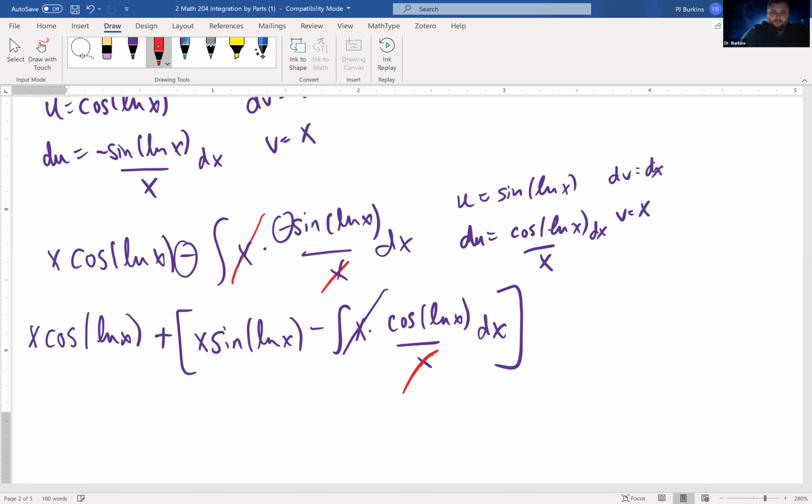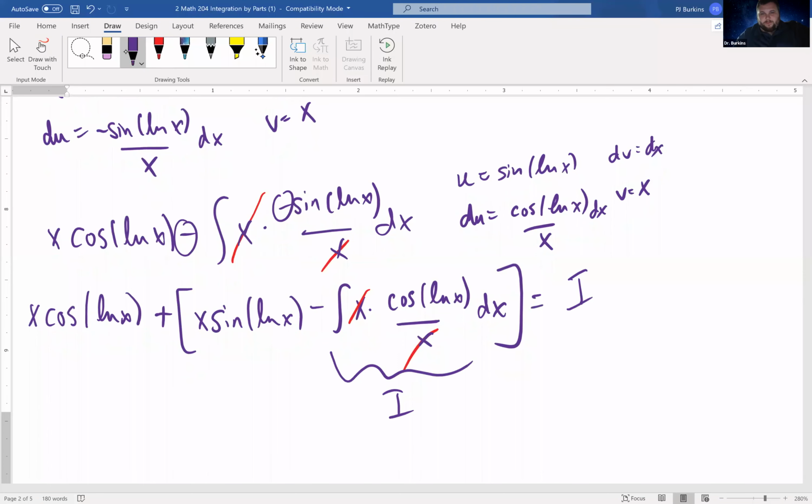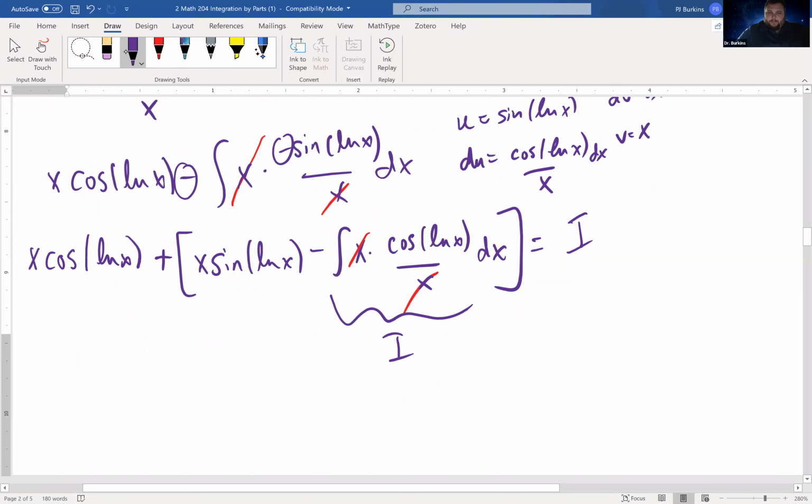Again, these cancel. And again, this guy right here is the original integral, and all of this is equal to the original integral. Remember, this is one of the iterated ones. So you have a negative I on this side.